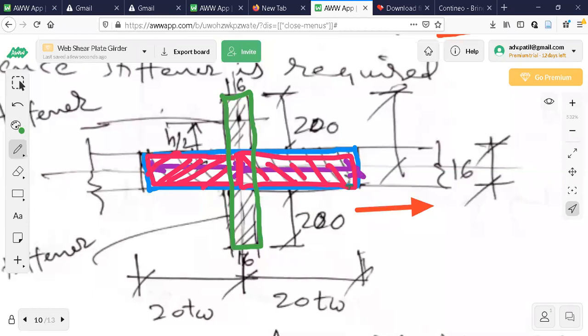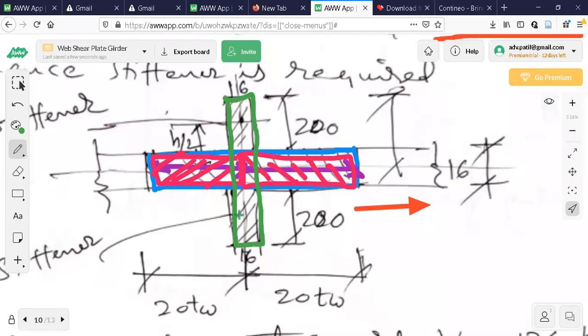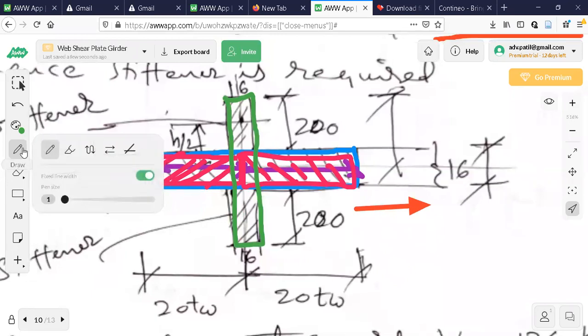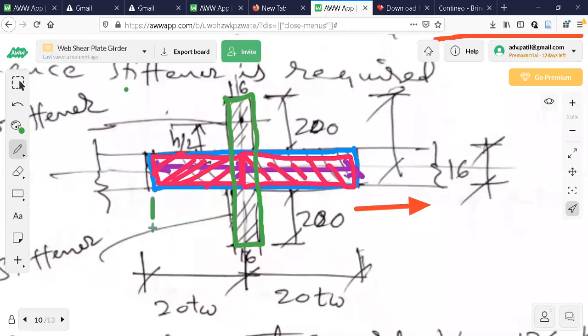Second is this rectangle. So the thing here is, for both the rectangles, centroid is same. That is why it is very simple to calculate moment of inertia. Centroid is same for both the rectangles, whether it is a vertical rectangle or horizontal rectangle. Now that is first term. First term is 16 into 416 cube by 12. Second term is this rectangle. So this rectangle dimensions are 640. 640 is this distance, 320 plus 320. You can see this is 320. BD cube by 12. B is 640, D is 16. 640, the reason is 320 is up to the center, again 320 this side. 640 into 16 cube by 12.